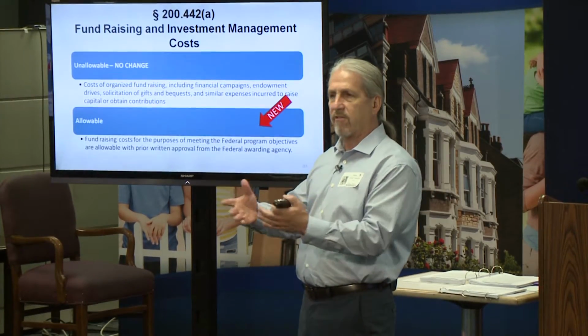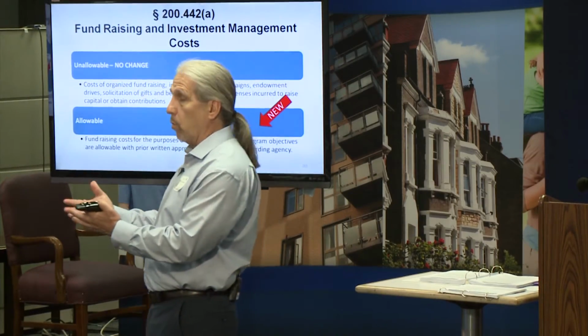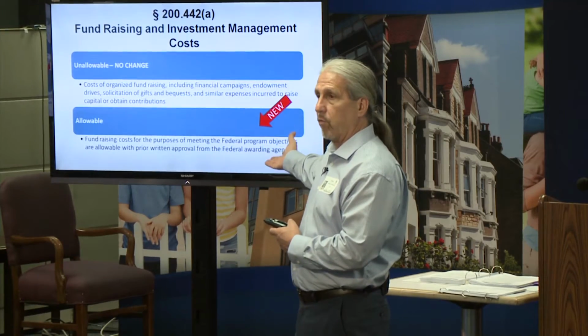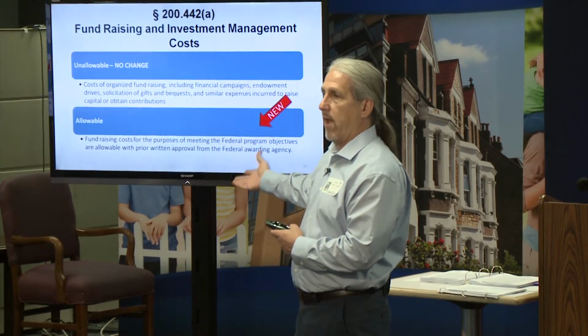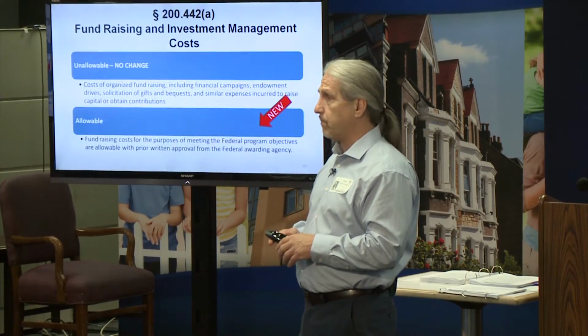So the cost that might be incurred to organize that would be allowable. And we do have the federal prior written approval from the federal awarding agency on that in our language within 1026.